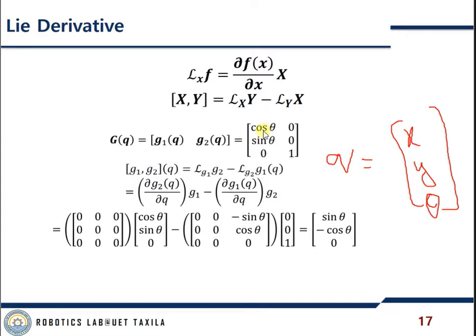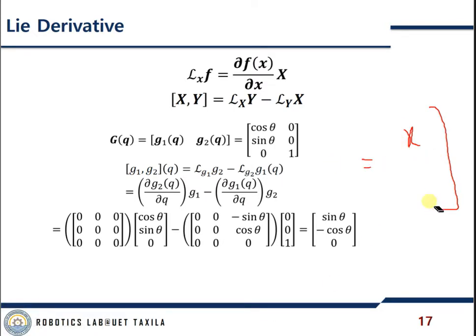If we differentiate with respect to y, it's going to be 0. And if we differentiate with respect to theta, it's going to be minus sine theta. And so with the 0, 0, and cos theta, and again 0. And g2, which is here, is going to be as it is. And we get sine theta, minus cos theta, and 0. So the Lie bracket of this vector field is equal to this one.